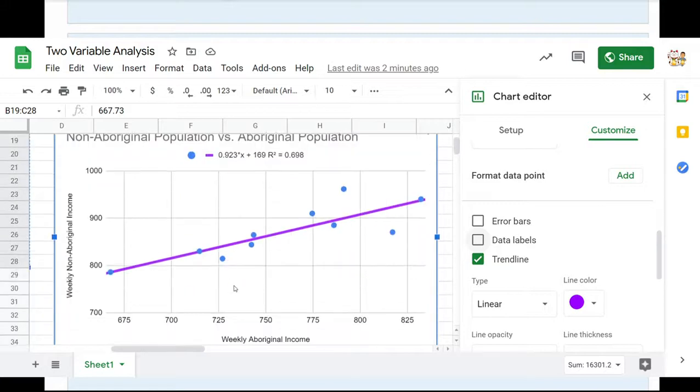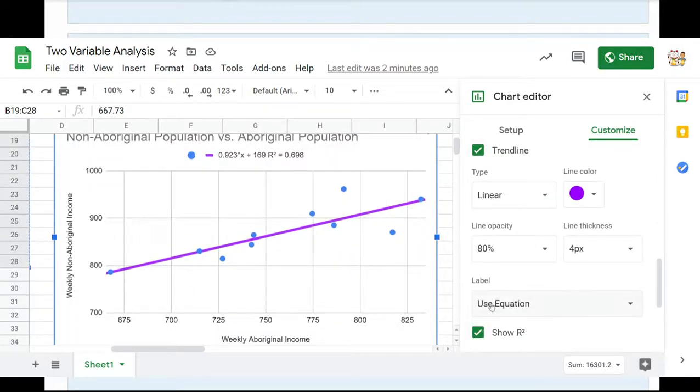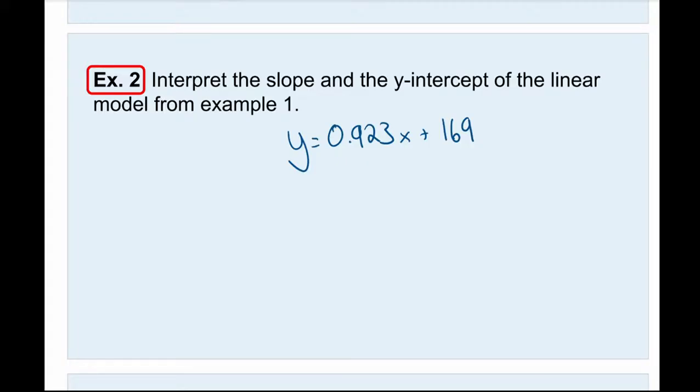So we can see it up here. Again, that's why we use equation for a label, to get that specific equation. So right from here, it's y equals 0.923 times x plus 169. So that's where we get our equation from, or that's where I got this value from.